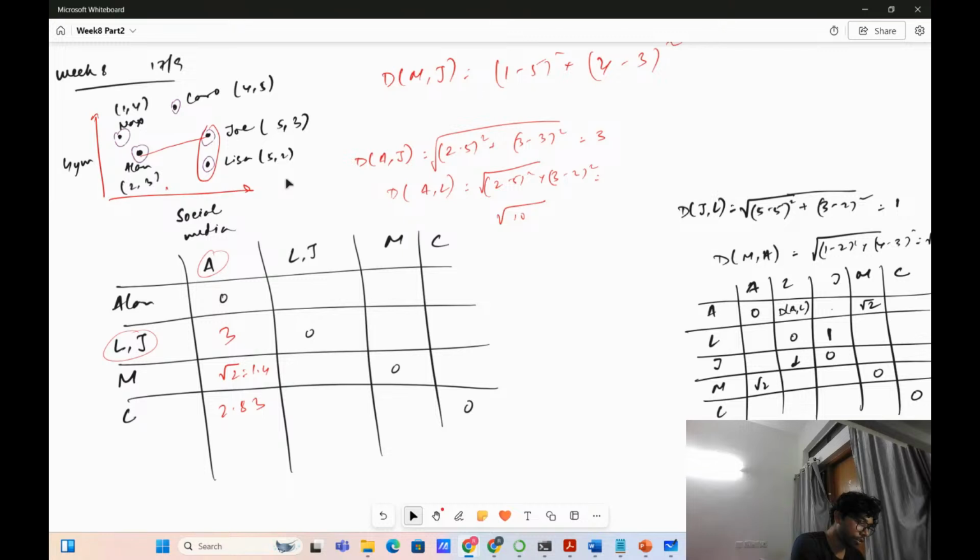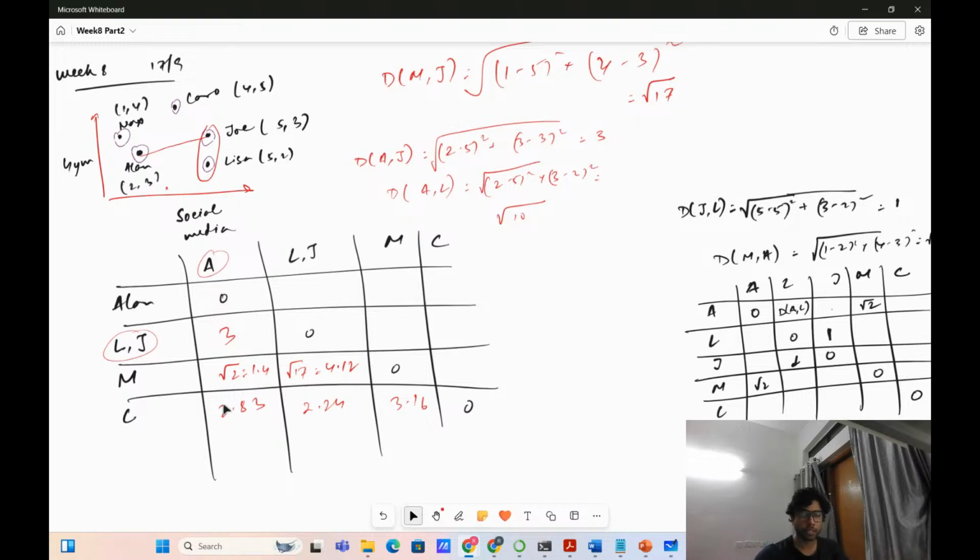So this is 5 minus 1, that's 4 square plus 1, 16 plus 1, root 17, right? So distance between Max and Lisa Joe would be root 17, which is 4.12. Similarly, this will be 2.24, this will be 3.16.